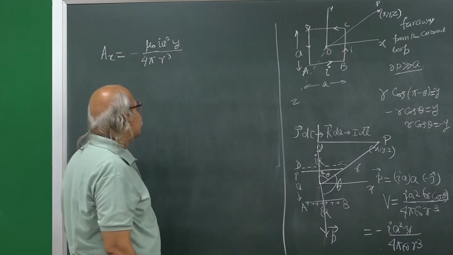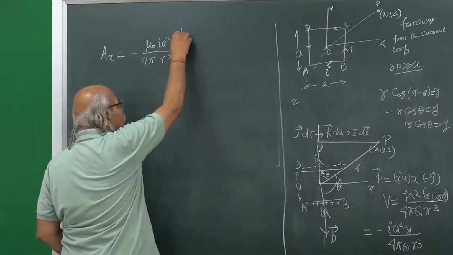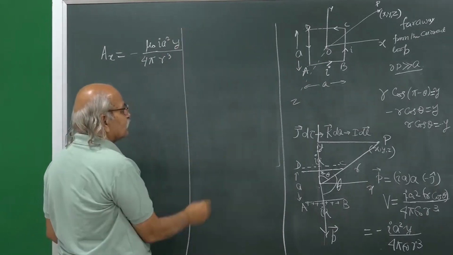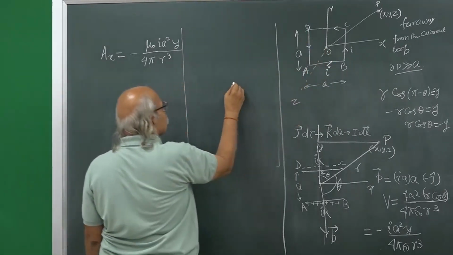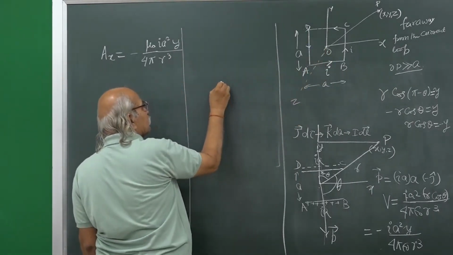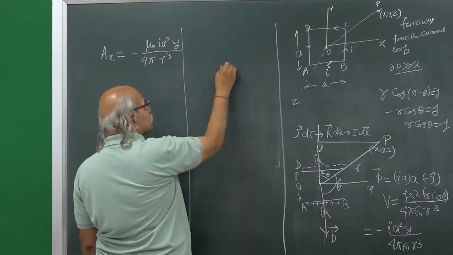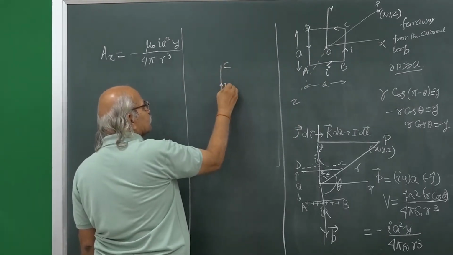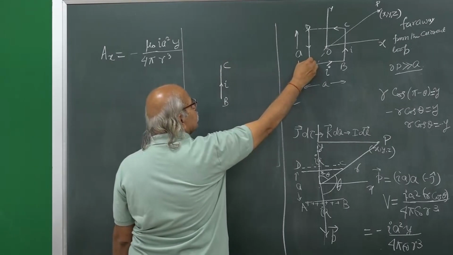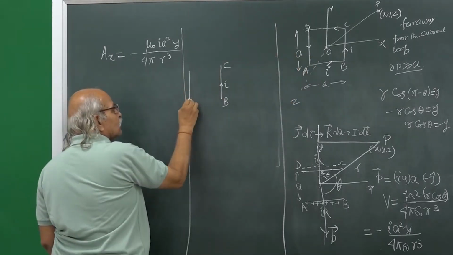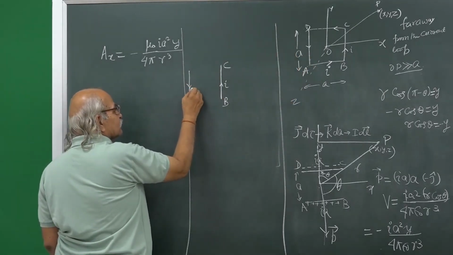Now, what is the potential due to the other two lines? BC here, and the current is this way, and correspondingly here you have DA, and the current is this way.